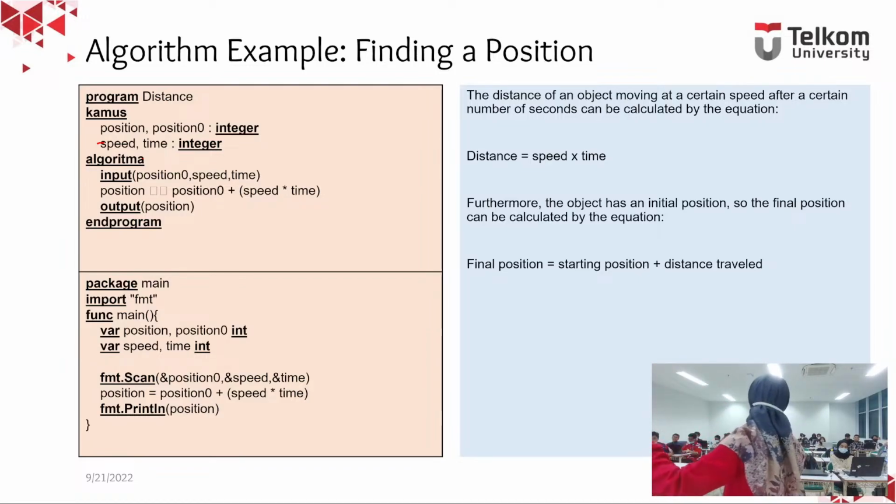And then, what if you want to translate it to the Go language? Okay, you can see here first the main package. Usually we have a main as the core, the most important program that will be executed by the compiler.